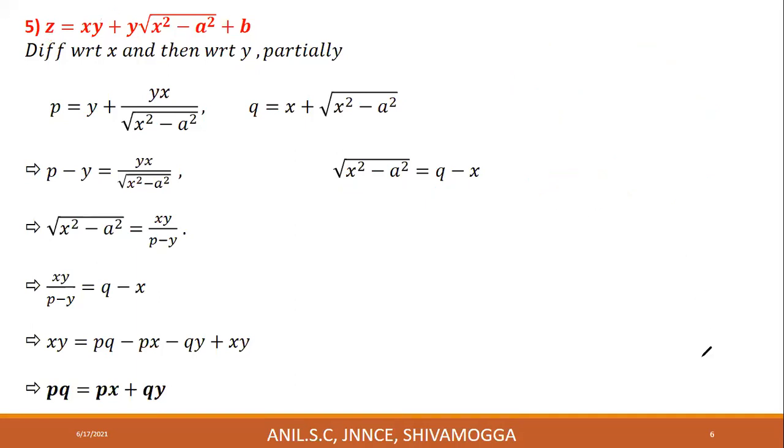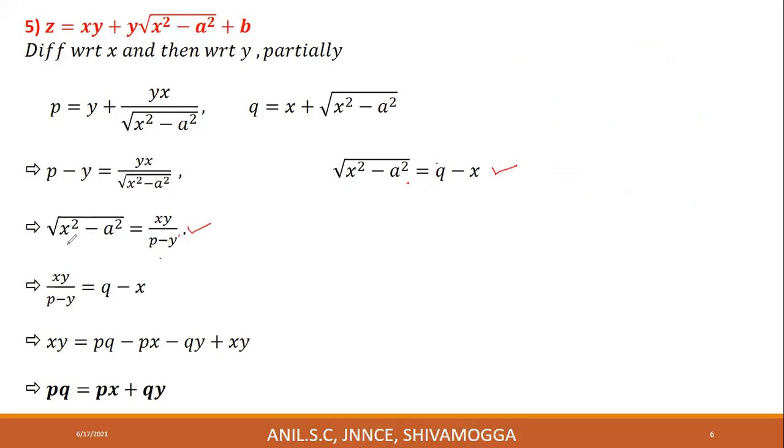The differential equation is differentiated partially with respect to x and then partially with respect to y to obtain these two expressions. You either substitute this expression in this expression or this expression in this expression. Both are same.